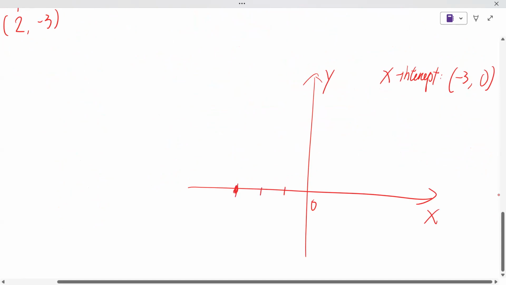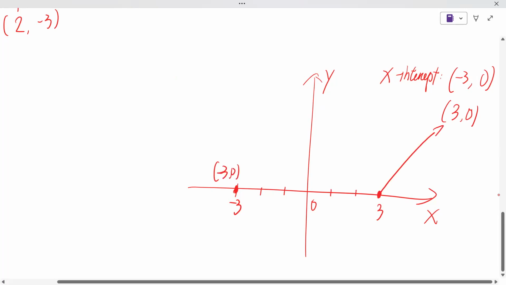So this is the point. Another point could be (3, 0), that's another x-intercept, this is 1, 2, 3.